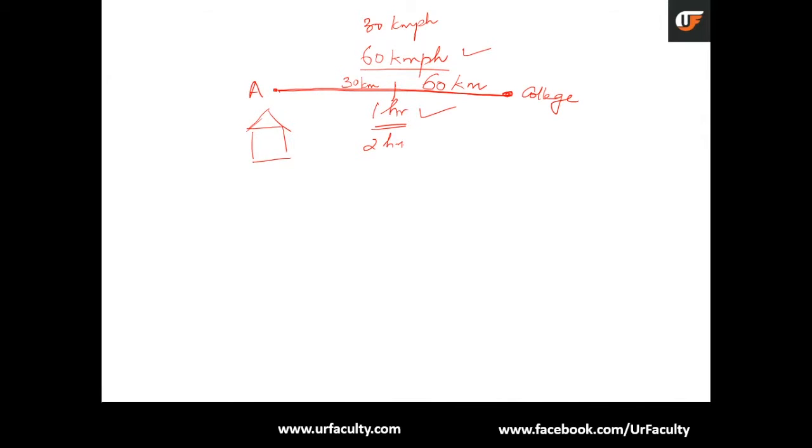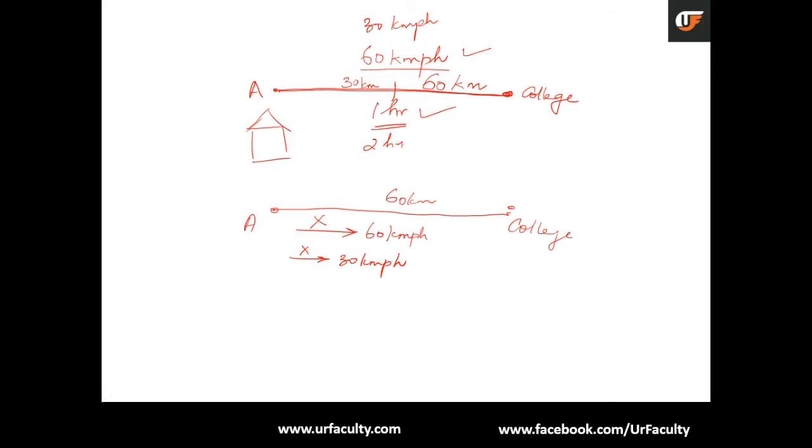Now let's look at two objects traveling together. You and your friend start from point A and go to your college. The distance is 60 km. You are Mr. X, you travel at 60 km per hour and your friend travels at 30 km per hour.